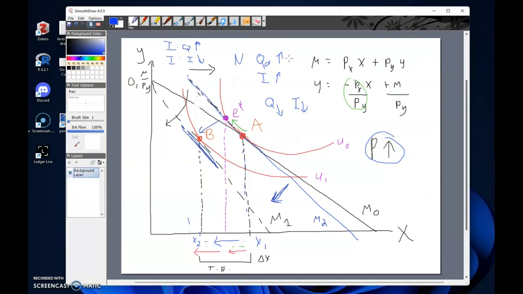What does that sound like? Quantity demanded decreased because income decreased. Does that sound like an inferior good or a normal good? Well, it's a normal good in this case. So that's a roundabout way of saying that the substitution effect and the income effect go in the same direction for a normal good.